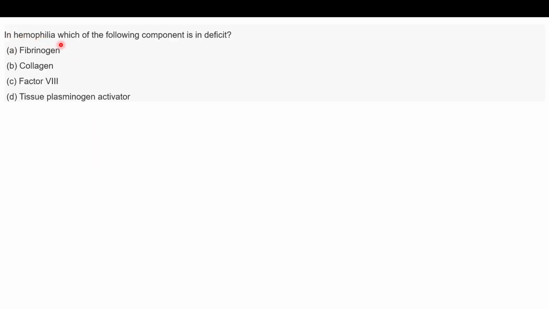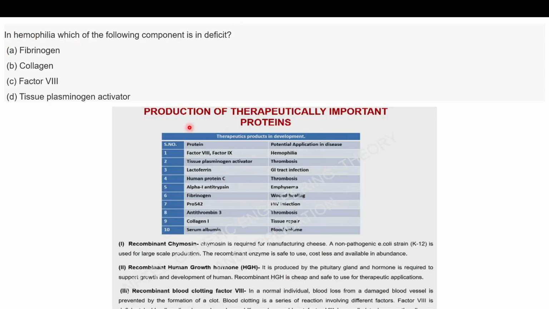Now in hemophilia, which of the following components is in deficit? In hemophilia, factor 9 and factor 8 are in deficit, which leads to blood clotting defects. One also uses recombinant clotting factor 8.